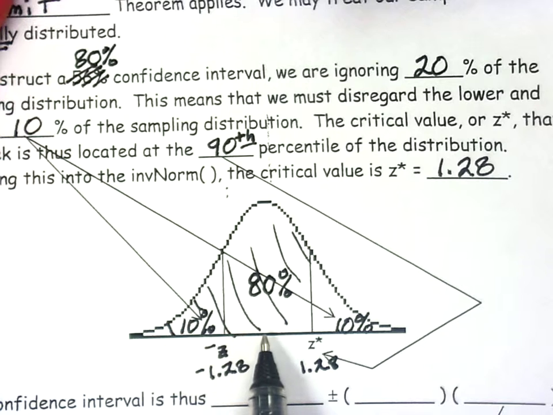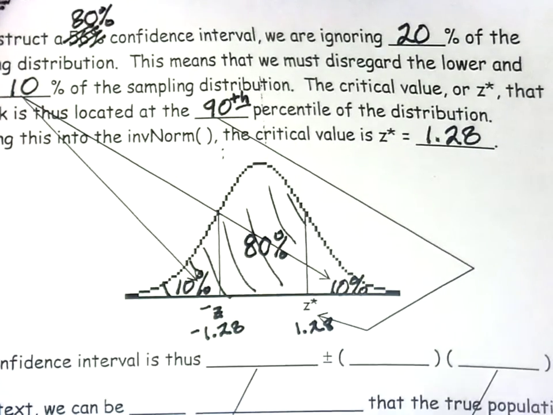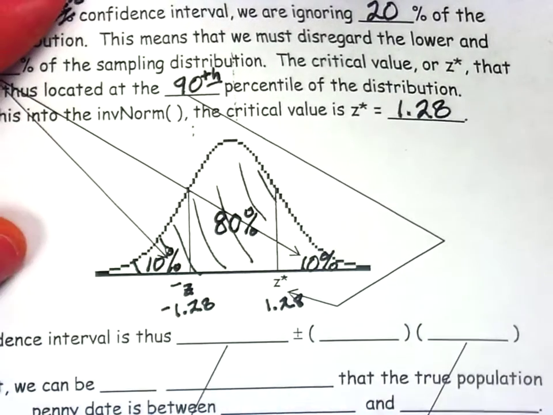So to find my lower and upper boundaries for my confidence interval, I want to add 1.28 standard deviations to my sample mean, and I want to subtract 1.28 standard deviations from my sample mean. So here is how we'll build the confidence interval.